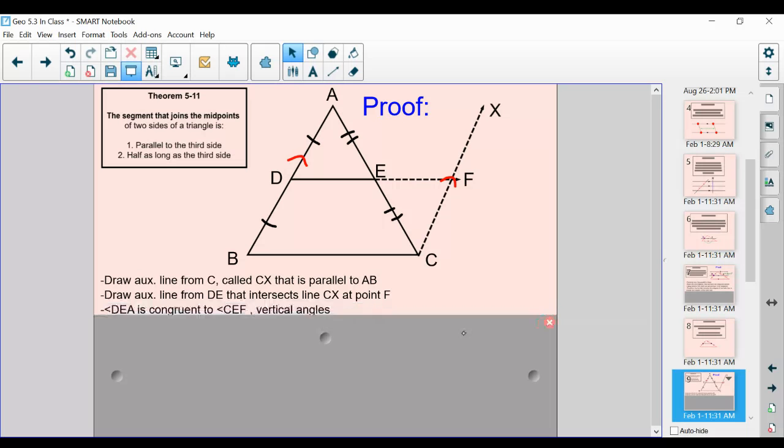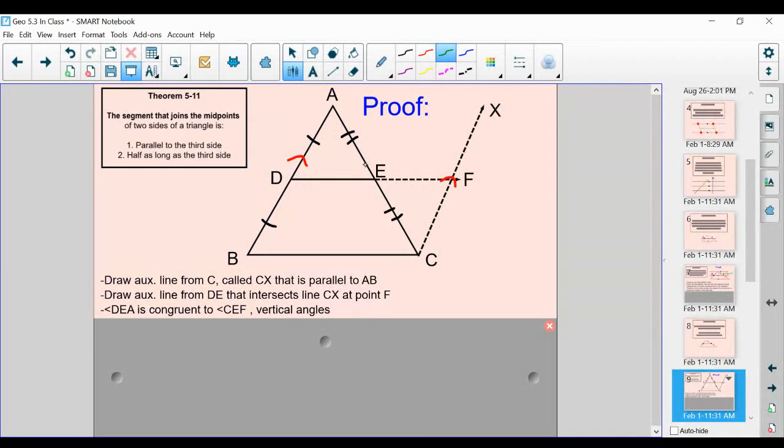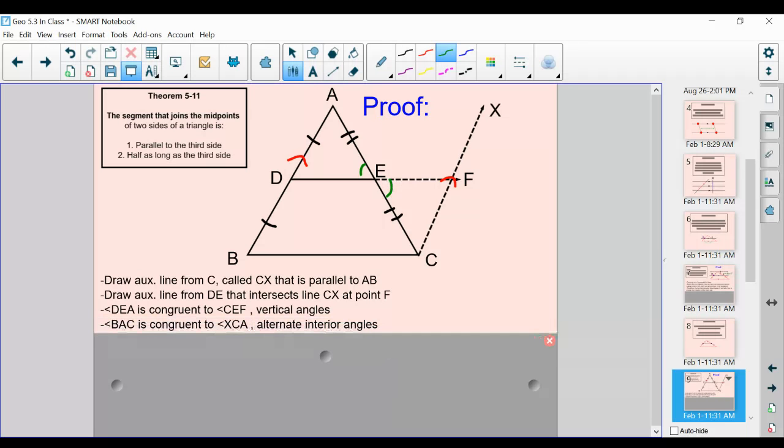So we know that angle DEA is going to be congruent to the angle CEF because those are vertical angles. We're going to know that angle BAC, let me do that in blue, BAC is congruent to XCA because those are alternate interior angles.